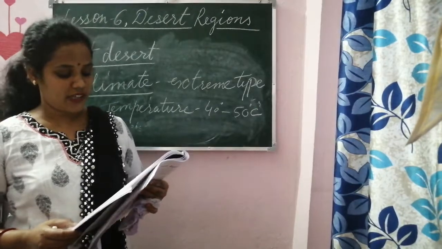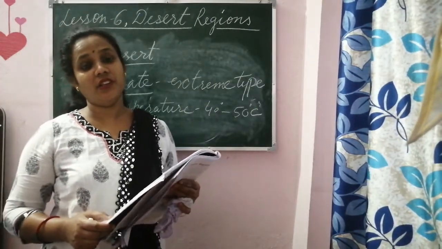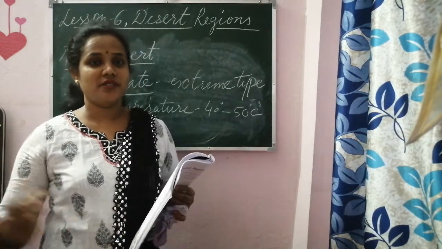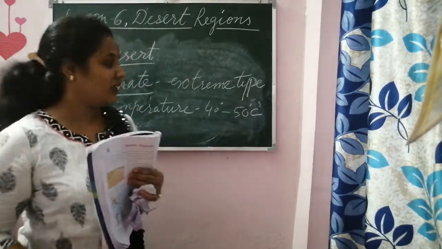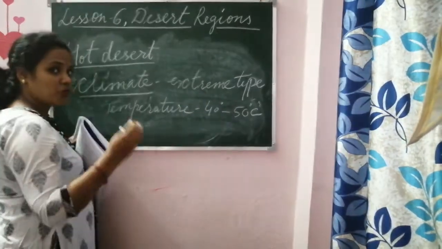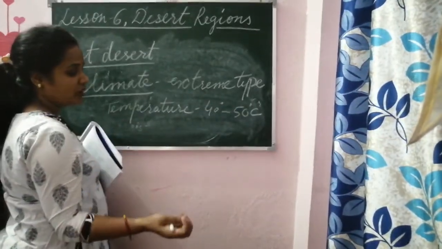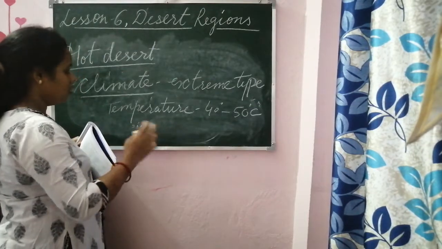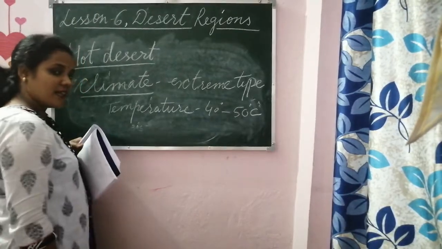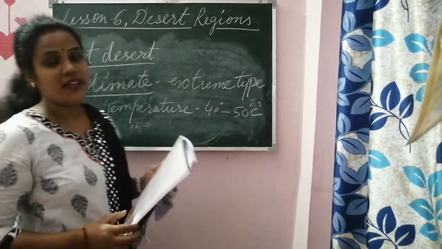During the monsoon time there is very little rainfall, and there is a long gap between the rainy periods. So that is about the climate. Climate is extreme type, too hot, too cold. During the day it is too hot, during the night it is too cold. Temperature during the day is 40 to 50 degree Celsius and rainfall is very less.